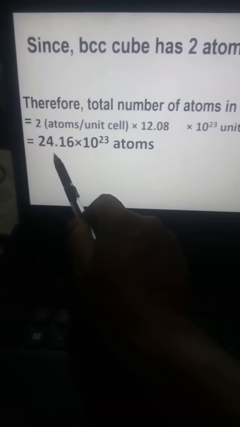Thus, since BCC cubic unit cell has two atoms, the total number of atoms in 208 gram will be equal to 2 atoms per unit cell into 12.08 into 10 to the power 23 unit cells. So that will come out 24.16 into 10 to the power 23 atoms.